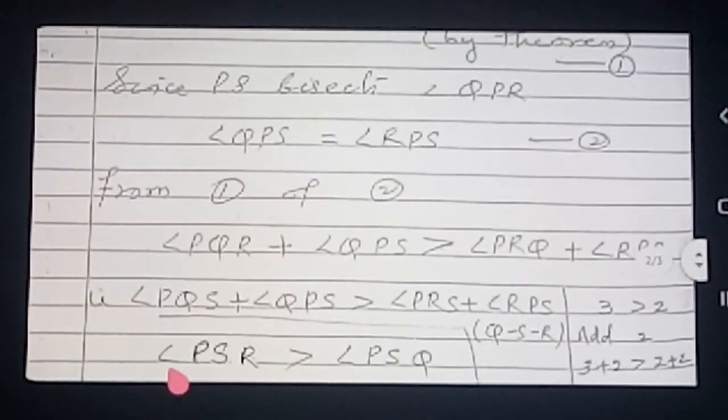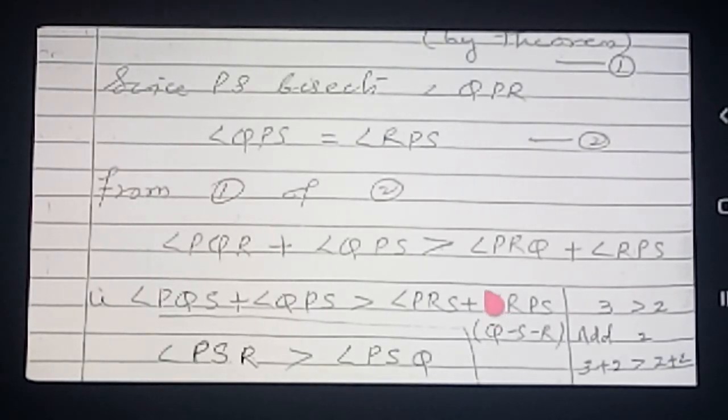Then PQS plus QPS I already showed in the diagram, and PRS plus RPS also I showed in the diagram. Therefore instead of PQS plus QPS we wrote PSR. Reason: the measure of the exterior angle is equal to the sum of the interior opposite angles. Here also the same: the measure of the exterior angle is equal to the sum of the interior opposite angles.